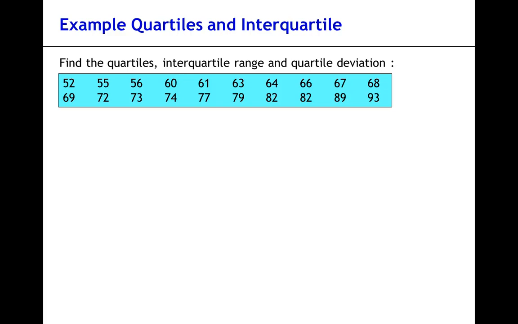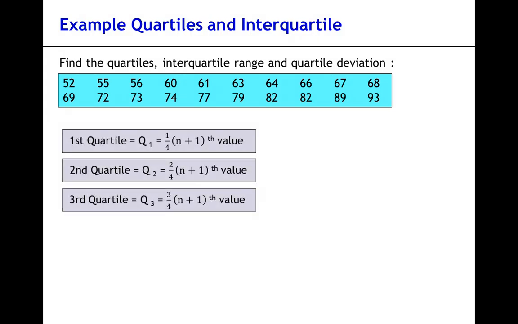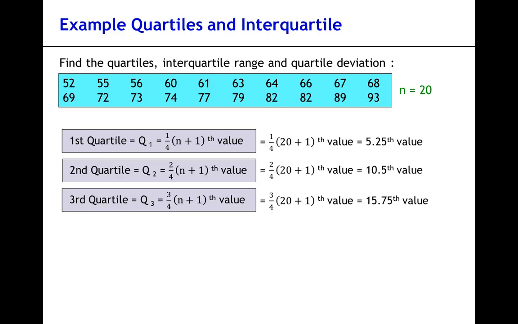In this example, we are to find the quartiles, interquartile range, and quartile deviation. To get the first, second, and third quartiles, here are the formulas. Since n is equal to 20 in this case, substitute into the formulas to get the appropriate position of the data.